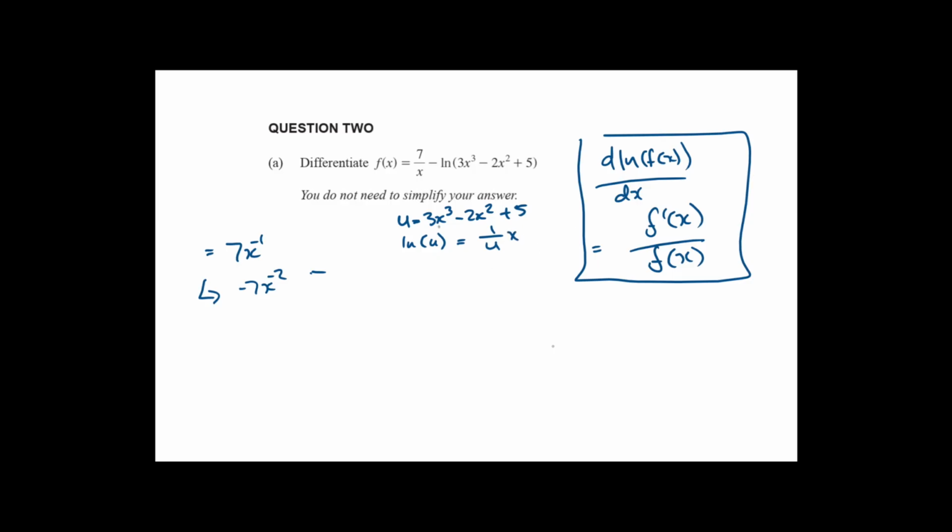And then we have to multiply this by this differentiated, which is going to be 9x squared minus 4x, which is going to give us 9x squared minus 4x over this original u function.